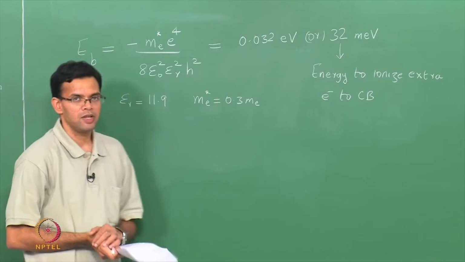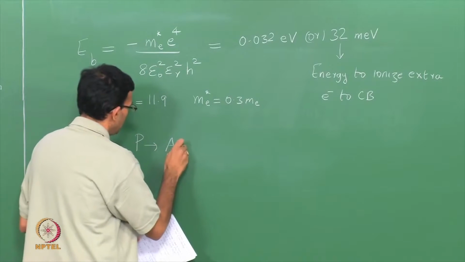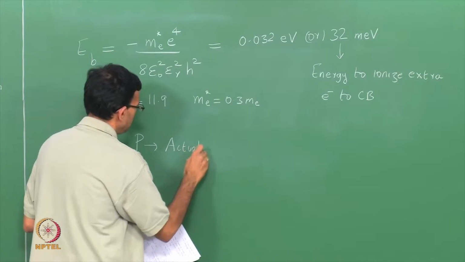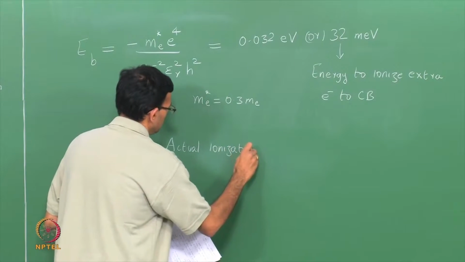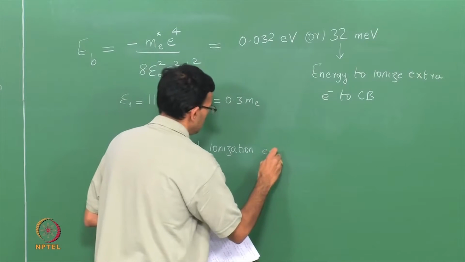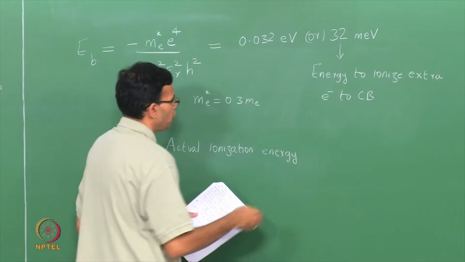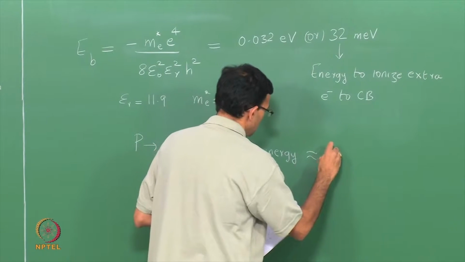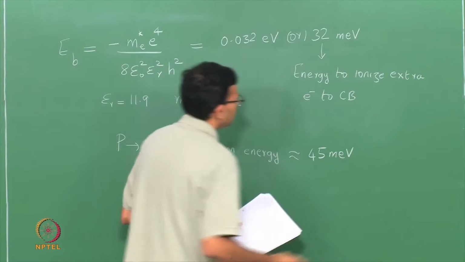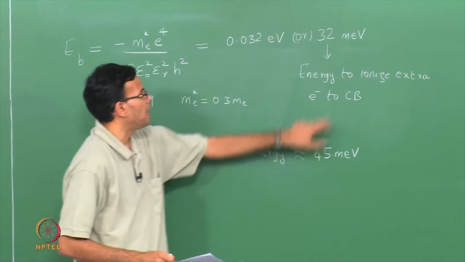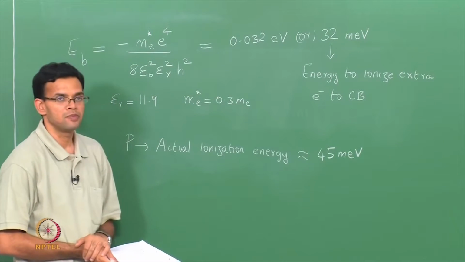If you do the actual calculation, in the case of phosphorus, the actual ionization energy is around 45, I am sorry, 45 milli electron volts, which is very close to the value that we got by assuming a simple hydrogen atom.